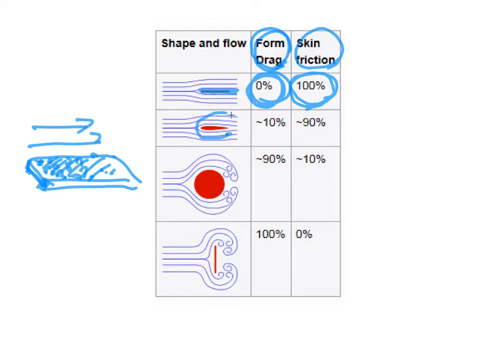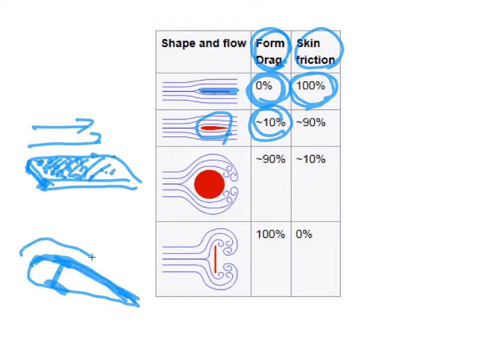So how about the aerofoil? As you know, it's shaped like this one, and the thickness maybe gives around 10% of the form drag, and the flow on the surface here gives around 90% of the resistance. And then if you have a circular shape like a sphere, for example, the form drag occurs because the projection area resists the flow, so it will give something like 90 to 10 here.